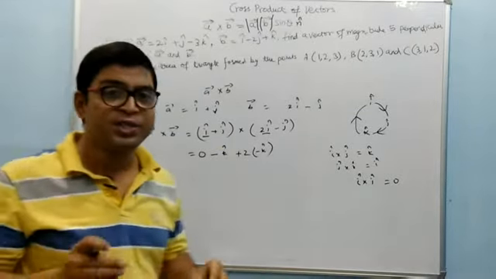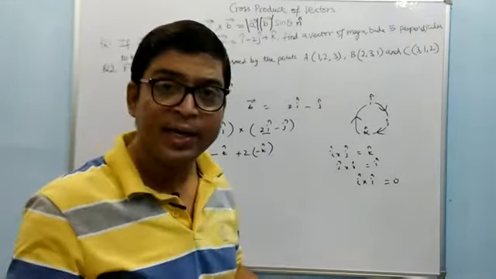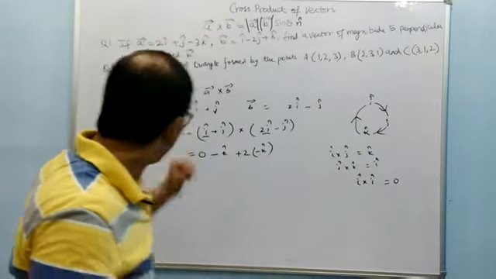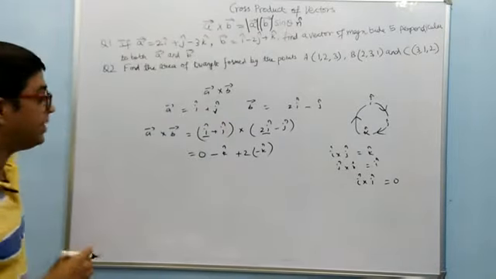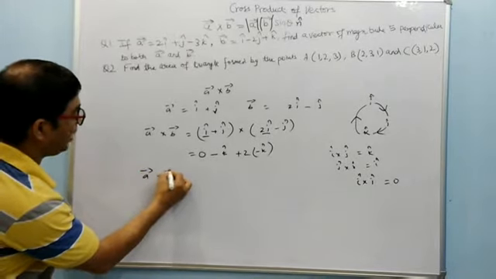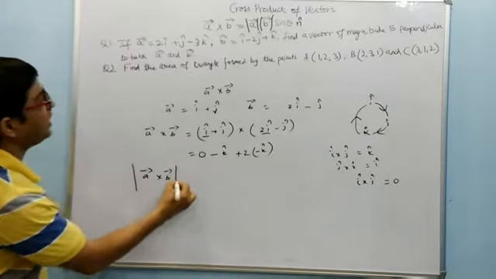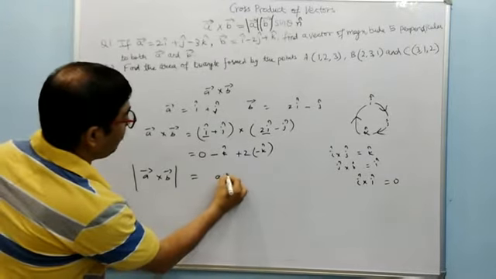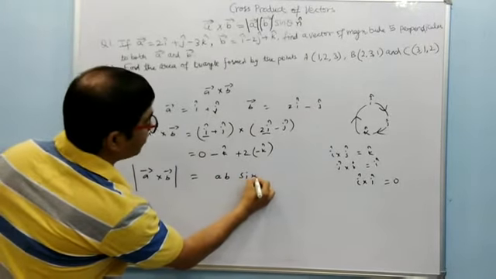The important result we see in the case of cross product is what it is actually representing. You see, modulus of vector A cross vector B is actually AB sine theta.